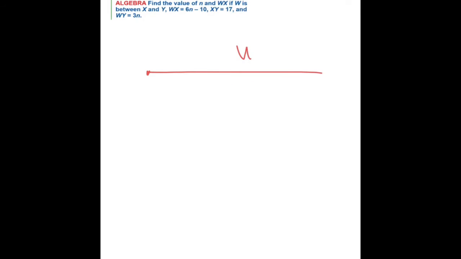I know that w is between x and y. I don't know exactly where it is, but I know that wx equals 6n minus 10, and I know that xy, this whole value right here, equals 17.